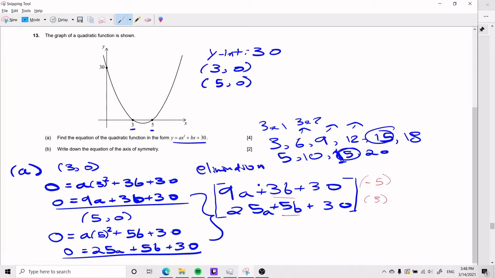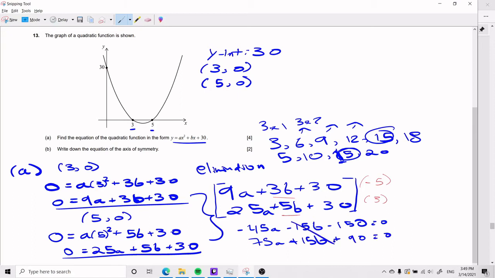Having this in mind, the equation on the top turns into -45a minus 15b minus 150 equals 0, of course. And on the bottom, 75a plus 15b plus 90 equals 0.